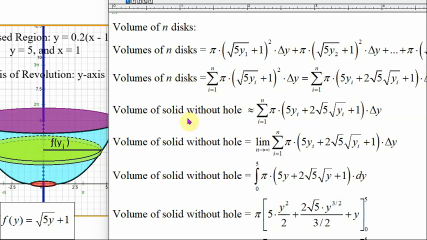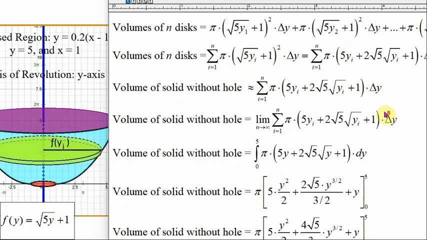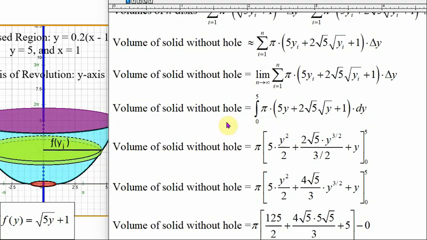And so the volume of this solid right here without the hole is approximately this sum. And once again, if we want the exact volume of this solid without the hole, then we need to divide this solid into an infinite number of slices, meaning allow n to approach infinity.